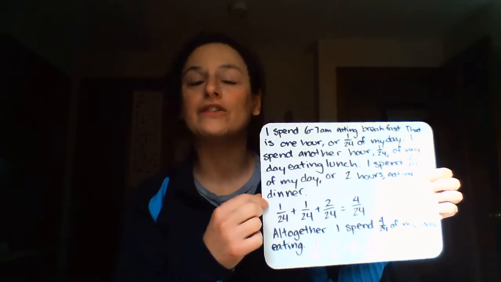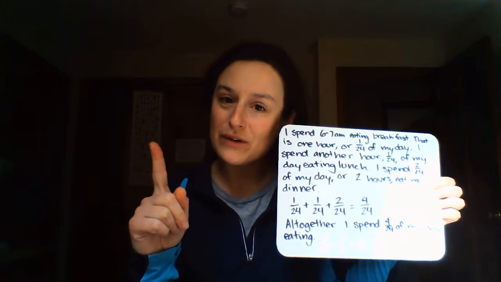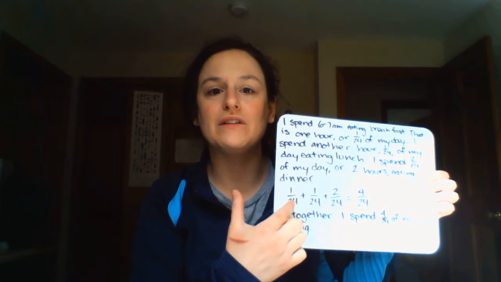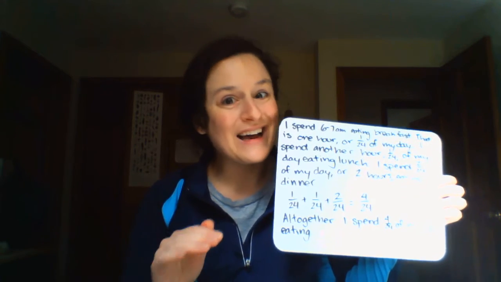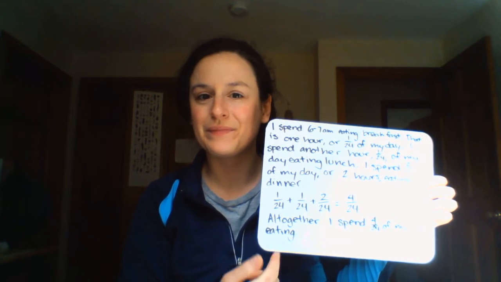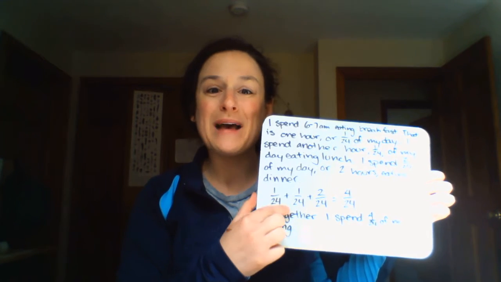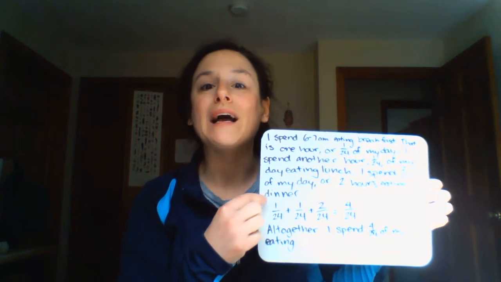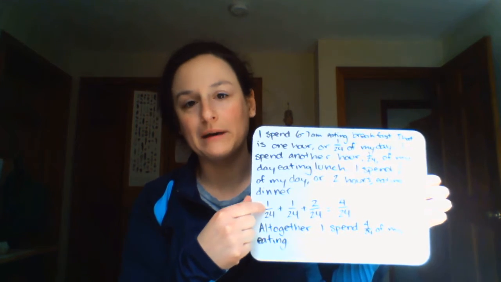When I add fractions, first of all, to add or subtract fractions, every one of my fractions has to have the same denominator. I cannot add fractions with different denominators. So when I'm adding or subtracting these fractions, it's only affecting my numerator, the top number.